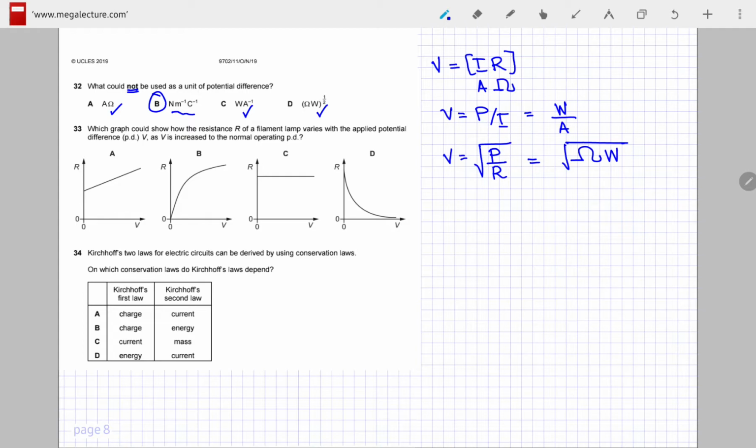Moving on, 33. Which graph could show how the resistance R of a filament lamp varies with the applied potential difference V as V is increased to the normal operating potential difference?